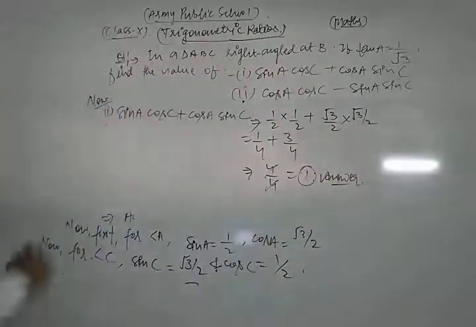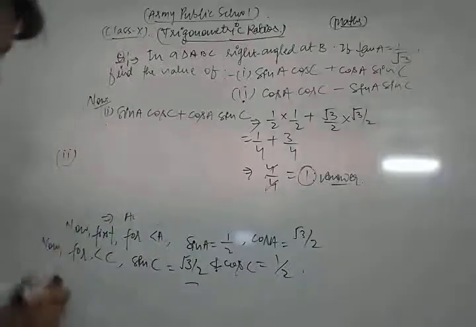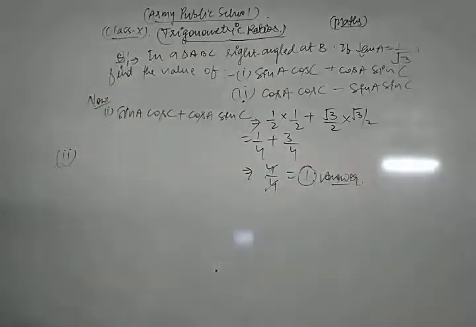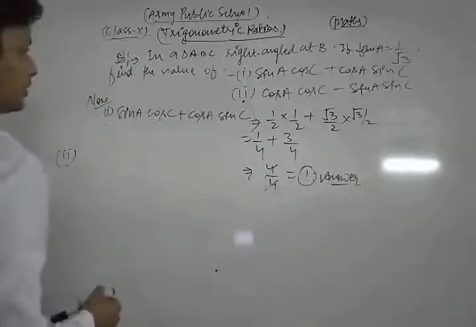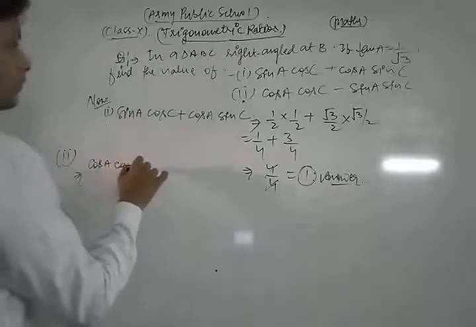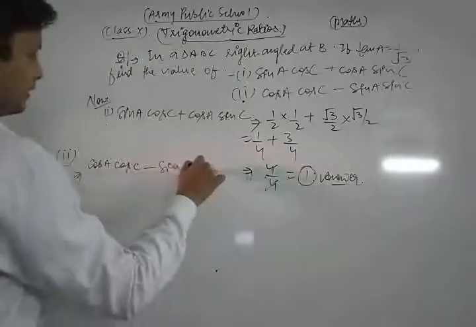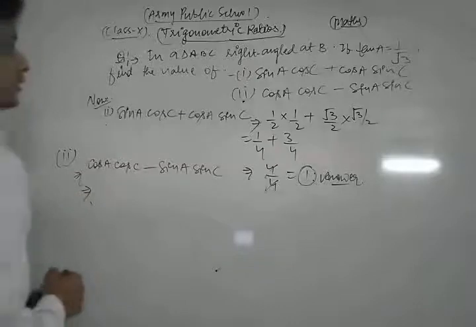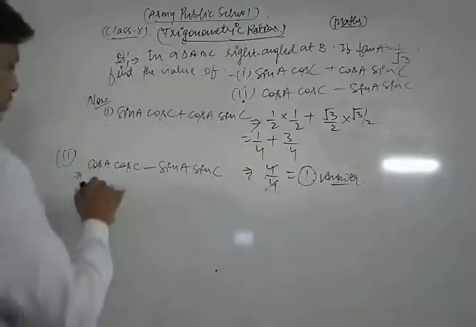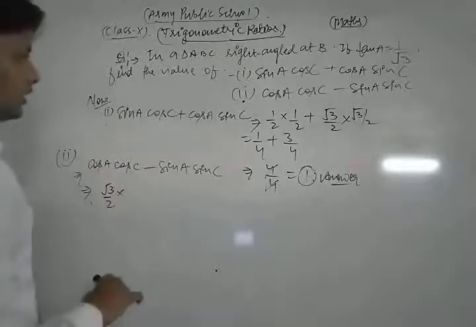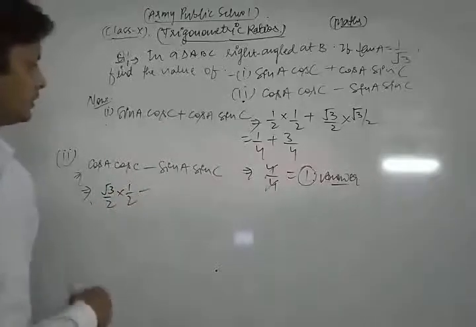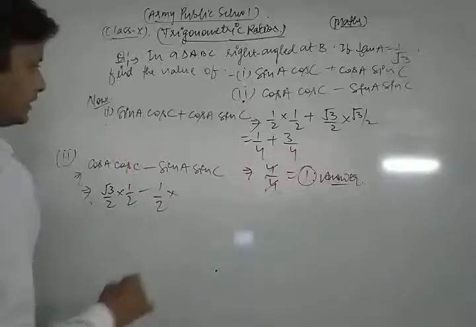Now, for the second part of this question, that is cos A cos C minus sin A sin C. So cos A is root 3 by 2, cos C is 1 by 2, minus sin A is 1 by 2, and sin C is root 3 by 2.